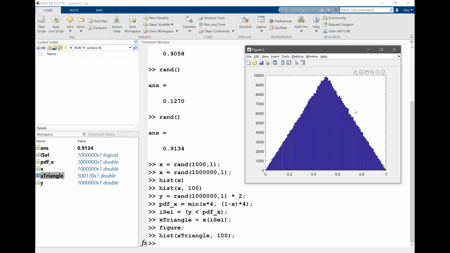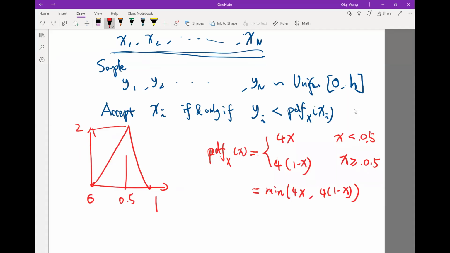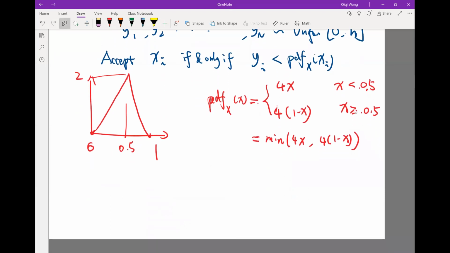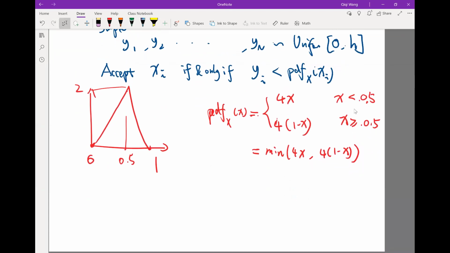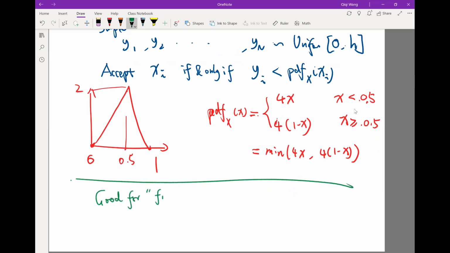Okay, so this is a very useful technique, right? But it's not actually going to be applicable to all distributions. So it's good for what I can call finite distributions, which means the probability of a random variable less than a certain value or greater than a certain value is always 0, like uniform distribution or triangular distribution.